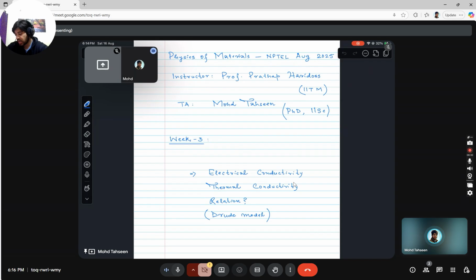First, can we have a model which describes the electrical behavior of materials, that is to say, the conductivity behavior? And second, is there a relation between thermal conductivity and electrical conductivity?